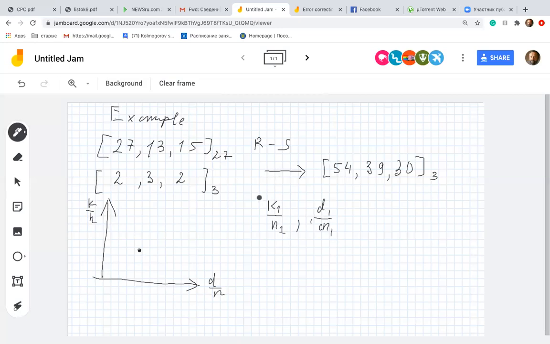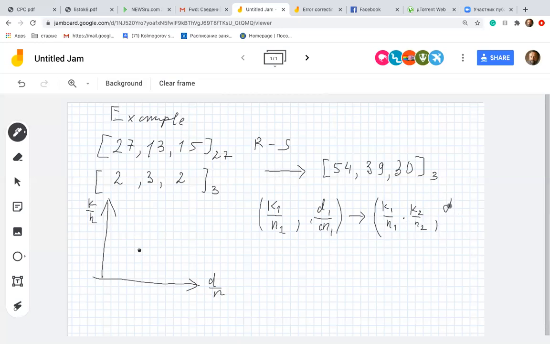And this pair of parameters is replaced, both are decreased. K1 over n1 is multiplied by k2 over n2, which is, of course, at most 1. So the rate gets decreased.